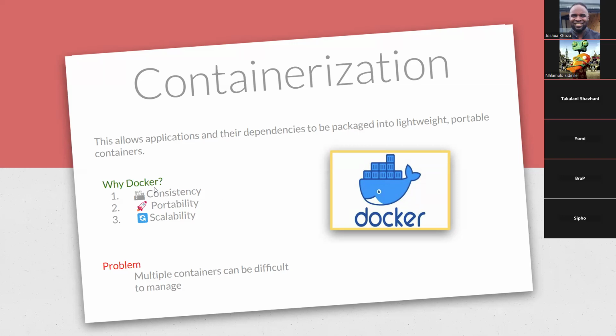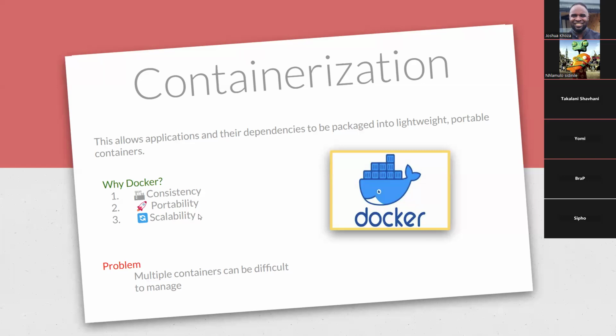So I put why Docker. It helps us with consistency in how we build our applications. It helps us with portability, so you can deploy that application on any cloud provider or any virtual machine, if you want to be specific. And then scalability.